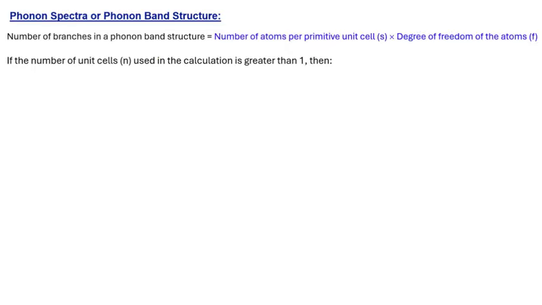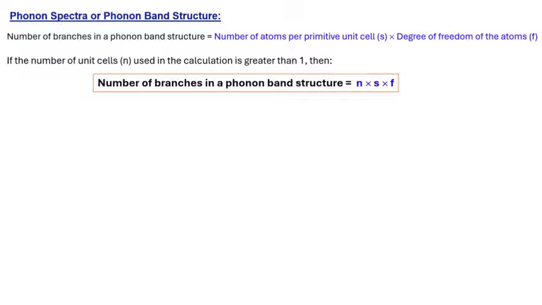And if the number of unit cells used in the calculation is greater than 1, for example, we use a supercell having more than one primitive unit cell, then the number of branches in the phonon band structure would be n times the number of branches in the phonon band structure of one primitive unit. Among all the branches, there are always 3 acoustic branches, while the rest are optical branches.